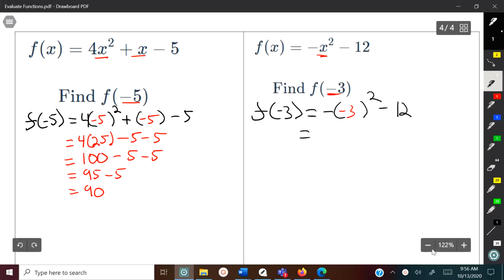Now, before you do the multiplication here, you're going to have to do the exponent. So negative 3 squared is negative 3 times negative 3 is positive 9. Alright, minus 12. Now negative times this positive 9 is negative 9 minus 12. Same sign, find the sum. You get negative 21.